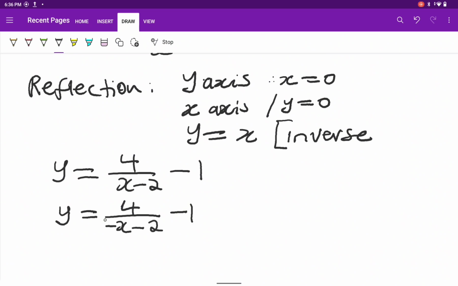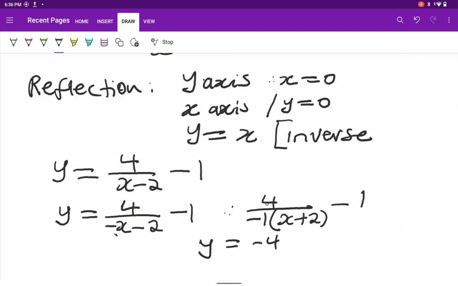Right, but normally we always want to see our x being positive, so we will have to rewrite it as 4 over, so we take out a -1 as a common factor, and then we have x plus 2, and then we have minus 1. So we will finally have the equation as y equals to 4, -4. If we divide 4 and -1, it will give us -4 over x plus 2 minus 1. So that will be our equation after reflecting along the y-axis.